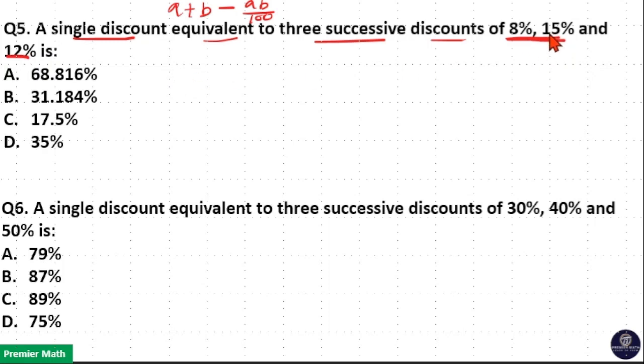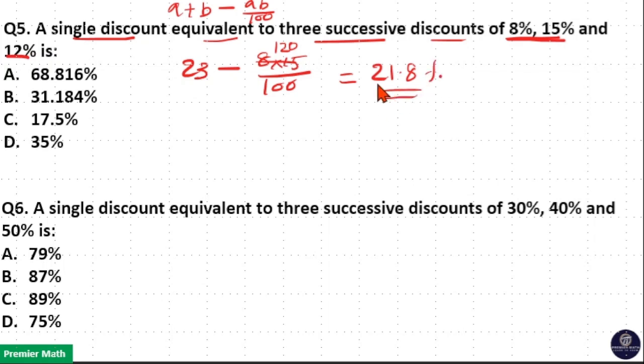Here 8 plus 15 is 23%. 23% minus 8 into 15 divided by 100: here 15 into 8 is 120. Now 120 by 100 is 1.2. So 23 minus 1.2 is 21.8%. Now take the 21.8% and 12%.